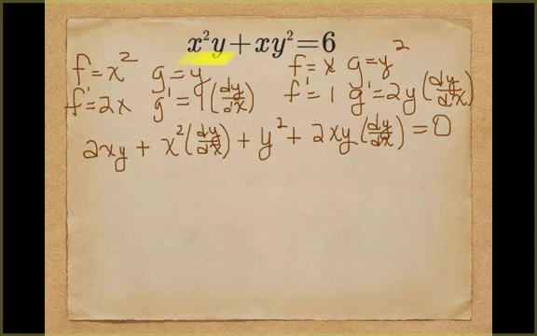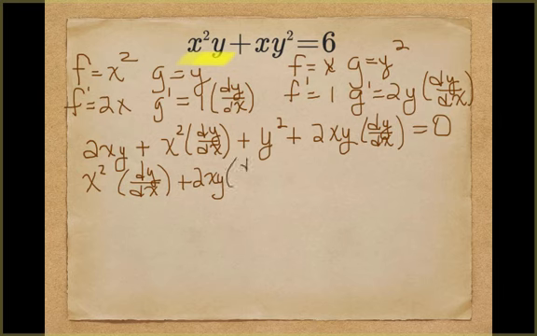So I need every term with dy dx on one side, and every term that does not have the dy dx in it on the other. So I'm going to keep the x squared dy dx plus 2xy dy dx equals negative y squared minus 2xy.